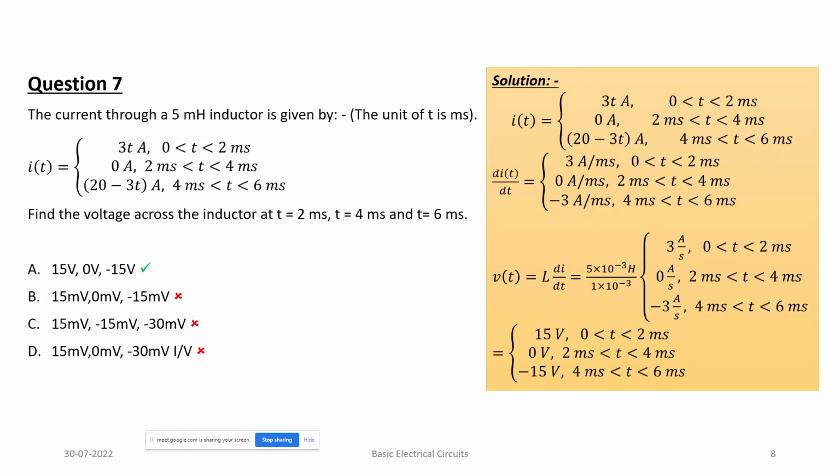It's magnetic flux linkage. Magnetic flux linkage, not linkage flux. Remember that. Magnetic flux linkage. Yeah, so phi equals Li.